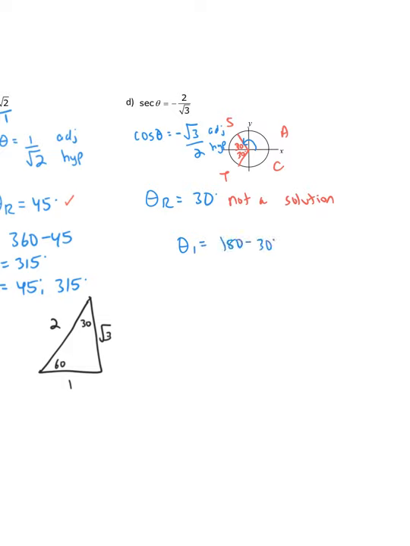So our first solution is 150 degrees. And the second solution is 180 plus the 30 degrees, which is 210 degrees. So therefore, our two solutions are 150 and 210 degrees. So that is looking at using the special triangles to find angles given exact ratios.